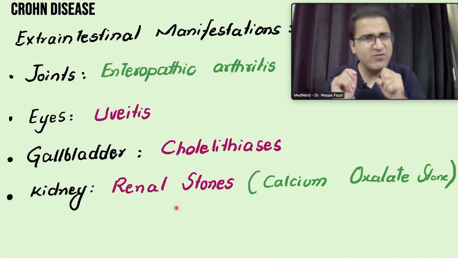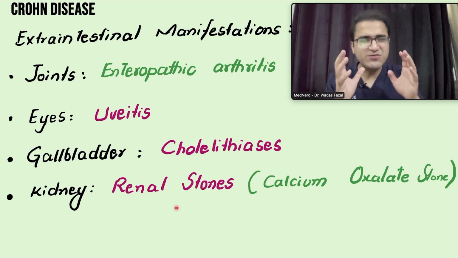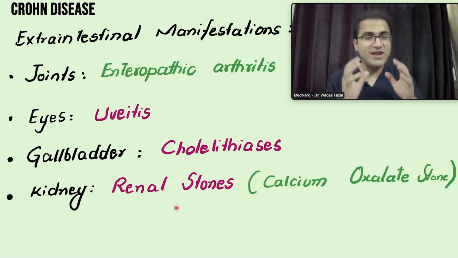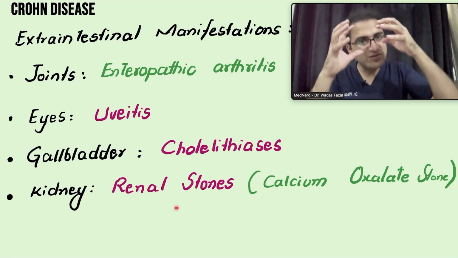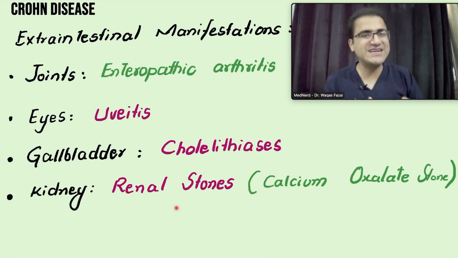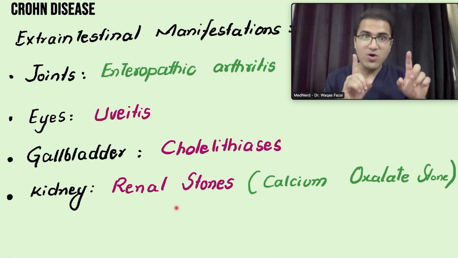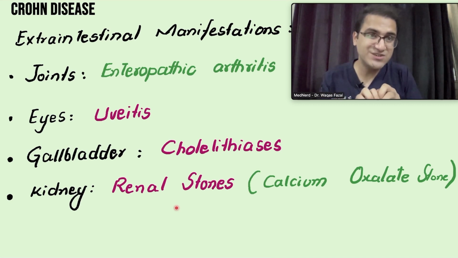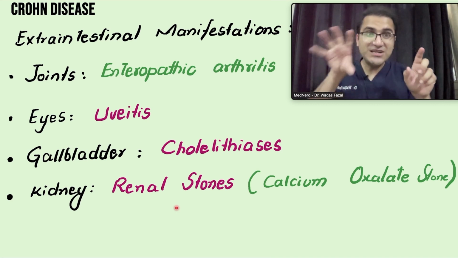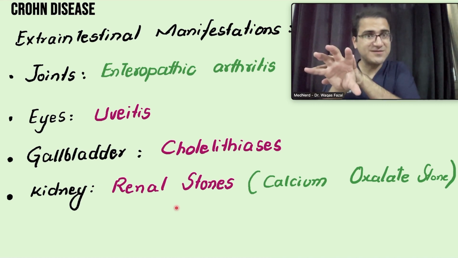Now, whenever a patient is having Crohn's disease, this patient will be having fat malabsorption. Whenever there is fat malabsorption, fats will bind the calcium and will cause saponification and will get excreted in the stools. Now, the oxalate had to bind with calcium to get excreted in the stools, but the calcium is now binding to the fats.